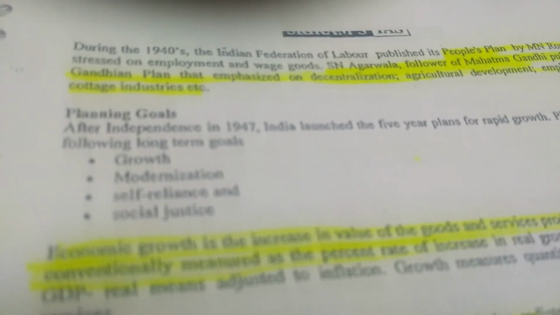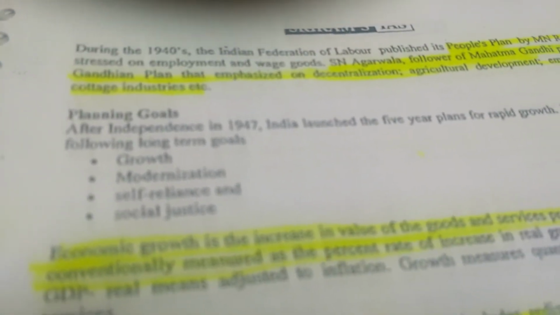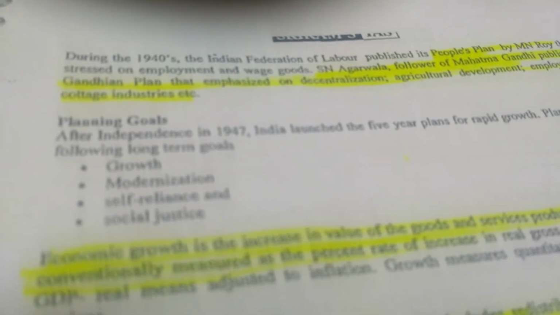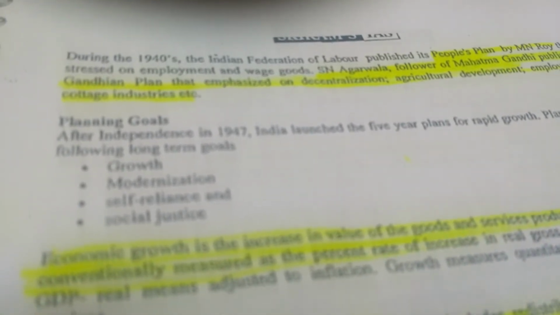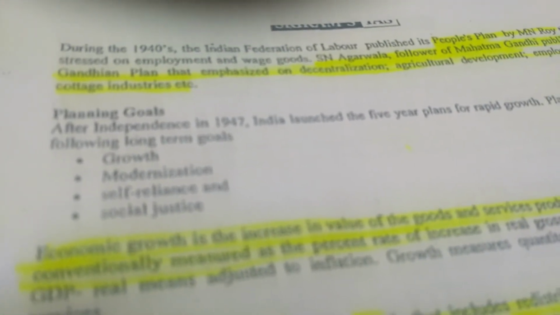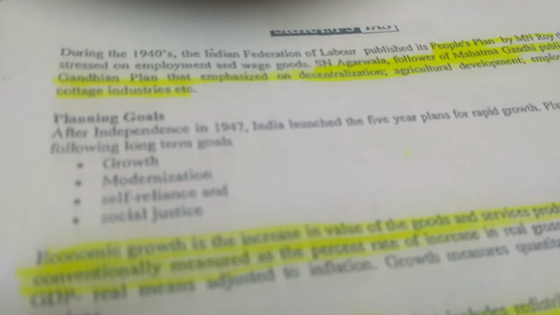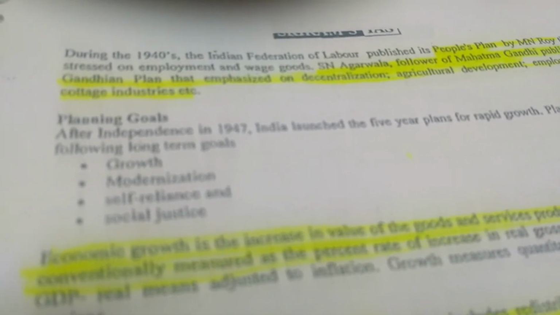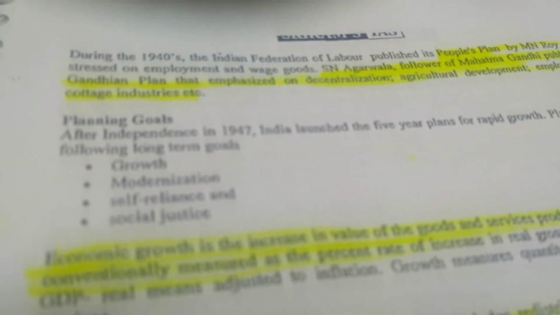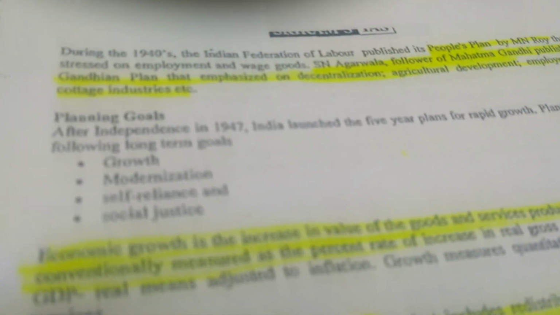They boycotted foreign goods and used domestic products. Likewise, self-reliance is to produce or use the resources that we have in our country.